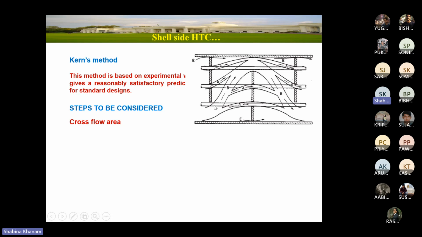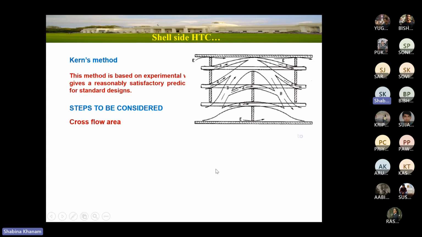If I consider the part between baffle tips, one tip is this, another tip is this, that will be cross flow between the shell side flow and the fluid moving in the tube side. So the cross flow zone will be available between two baffle tips. I hope you understand the cross flow.